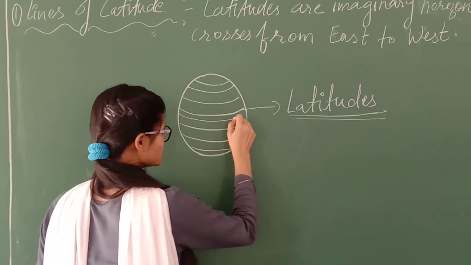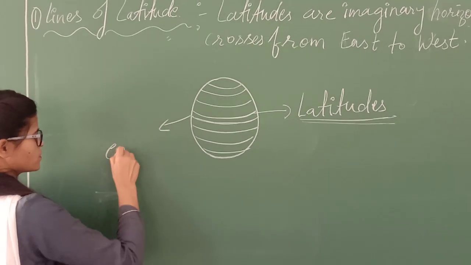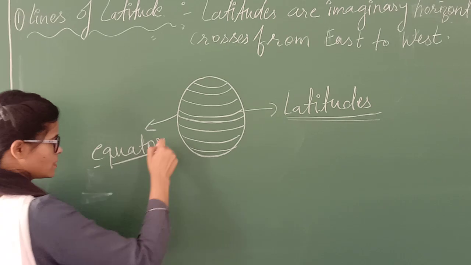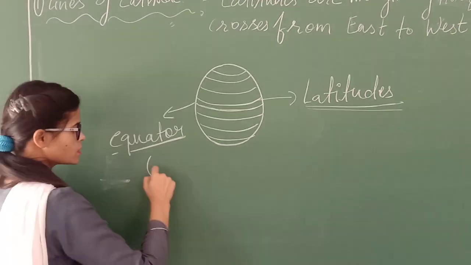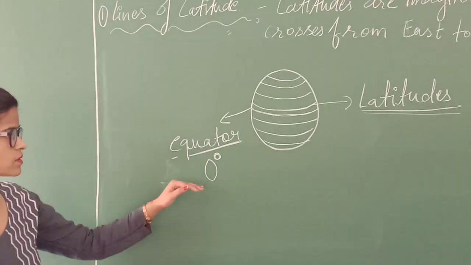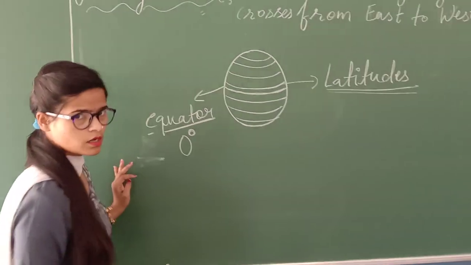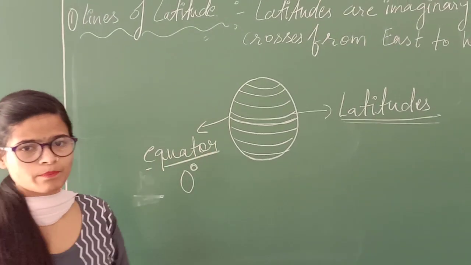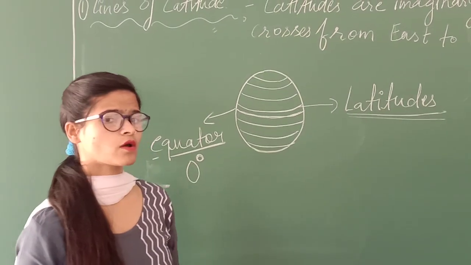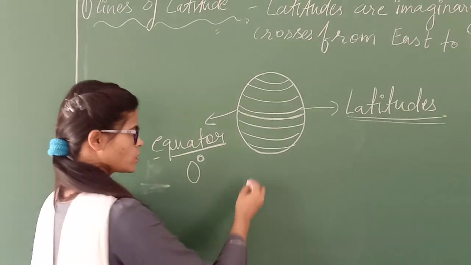Suppose this is the equator, the line of equator, and it is at 0 degrees. This line of equator divides the earth into two equal parts. These latitudes are also called parallels of latitude.